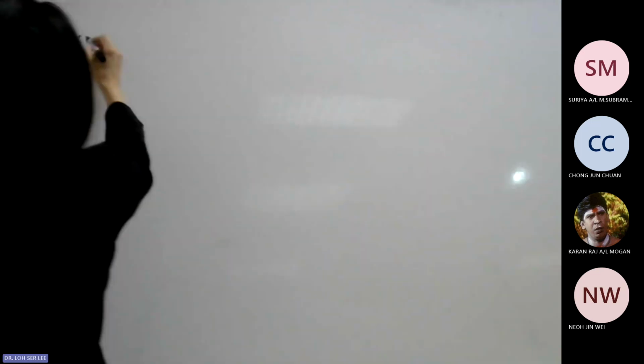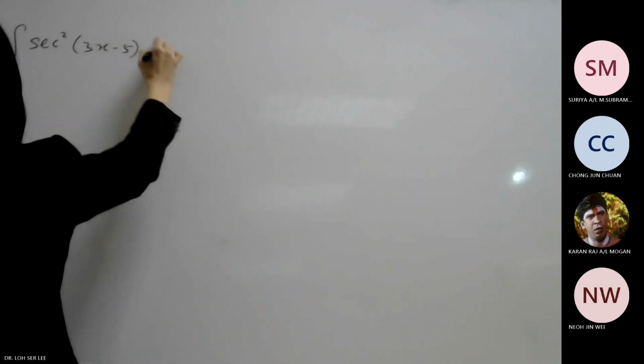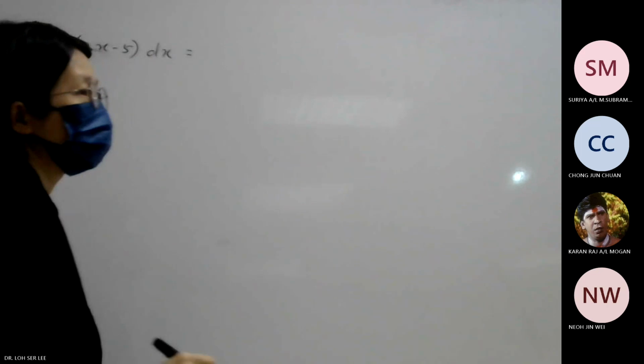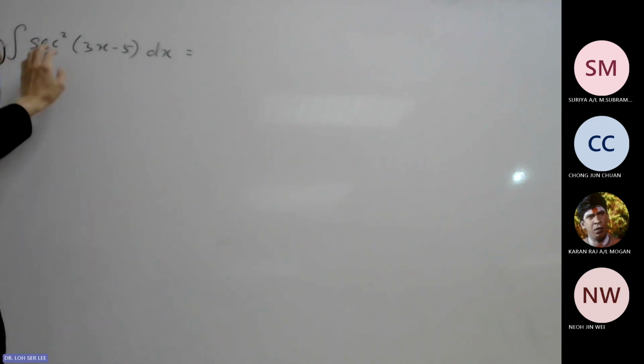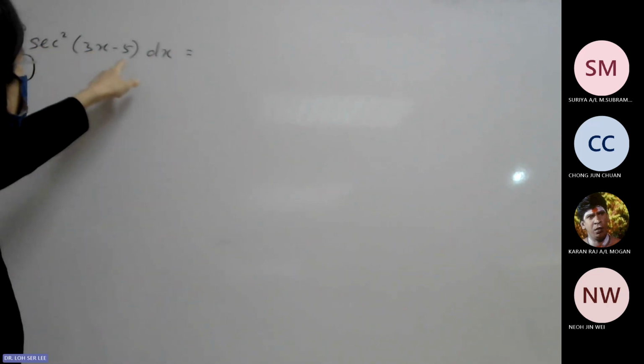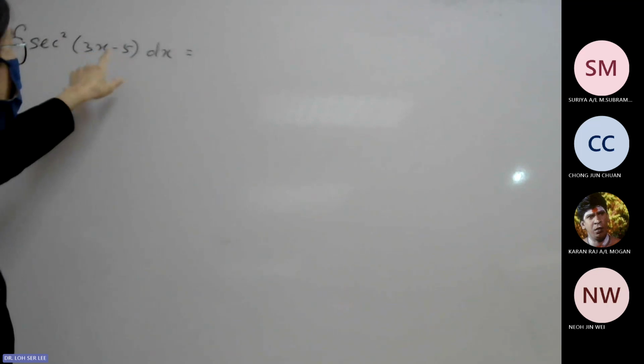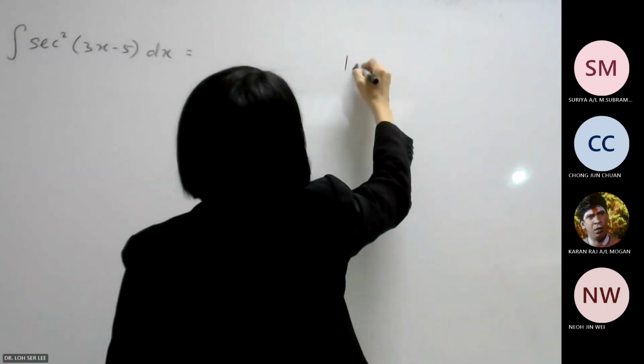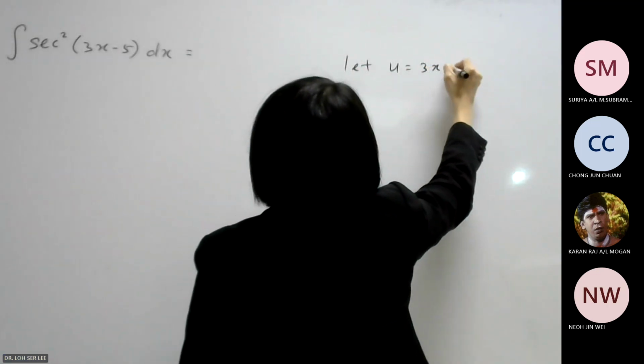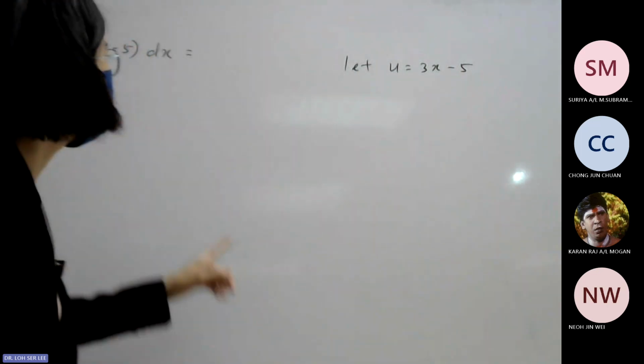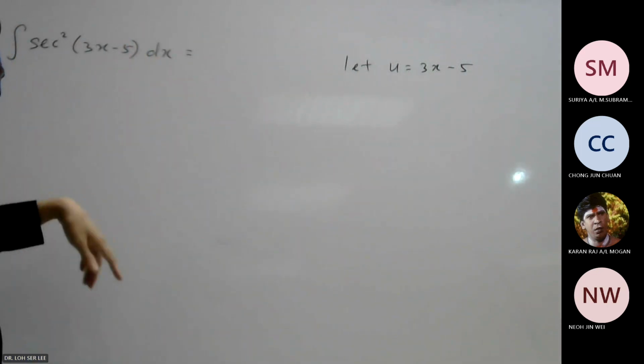Three x minus 5. This is a trigo function. We will let the angle function to be u.